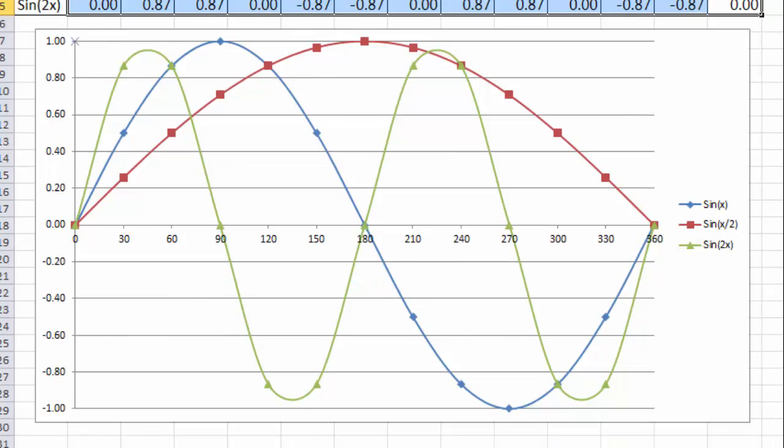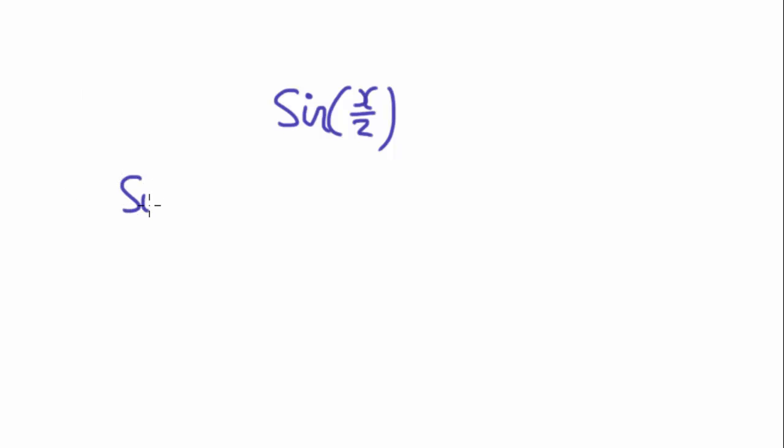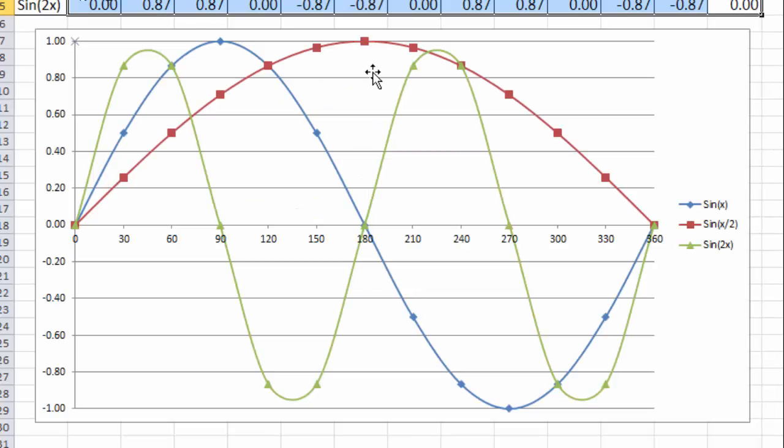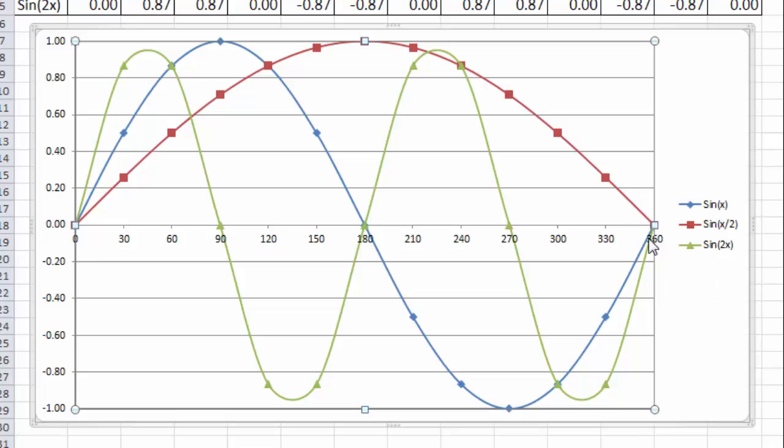So if we go back to sine x, we've got the period of one wave is 360 degrees. Now if I go back to it, and if you look at sine 2x, what you'll find is that's in green, and you actually find that it's repeating itself twice within 360. And what you actually will discover, remember, a period is just the part of the wave that has not repeated itself yet. So we've actually got two waves within this 360.